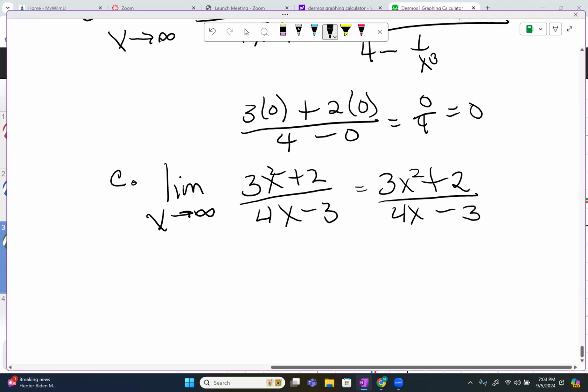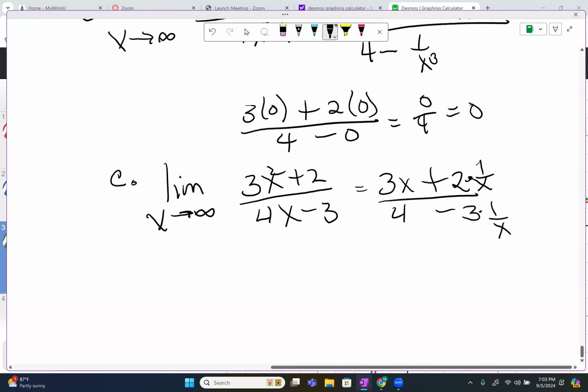So we're going to divide by x. This becomes 3x, times 1 over x. The x disappears, and this becomes 3 times 1 over x.